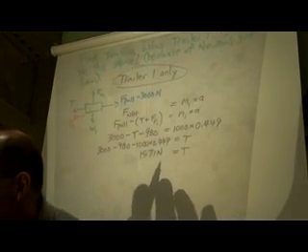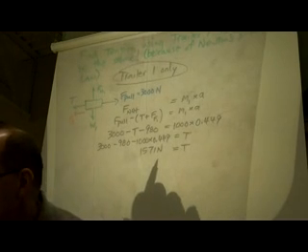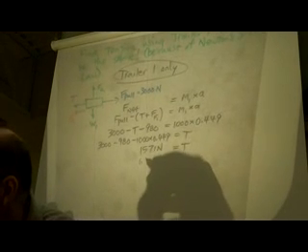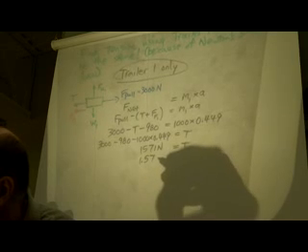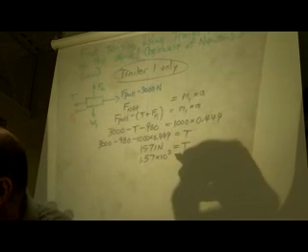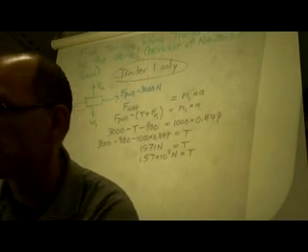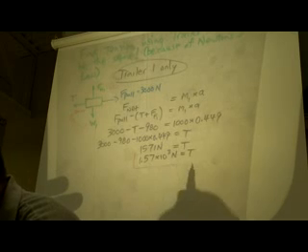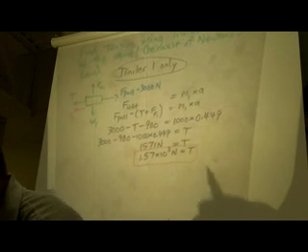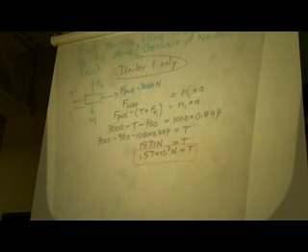Okay, the other one, 1572, this one's 1571. So you really can only report it as 1.57 times 10 to the 3. That's as accurate as it is. And that's it.